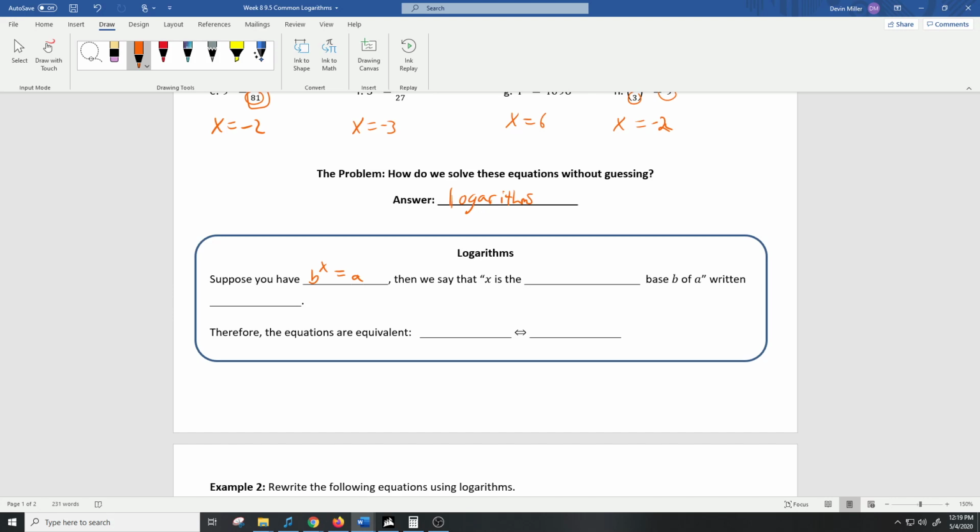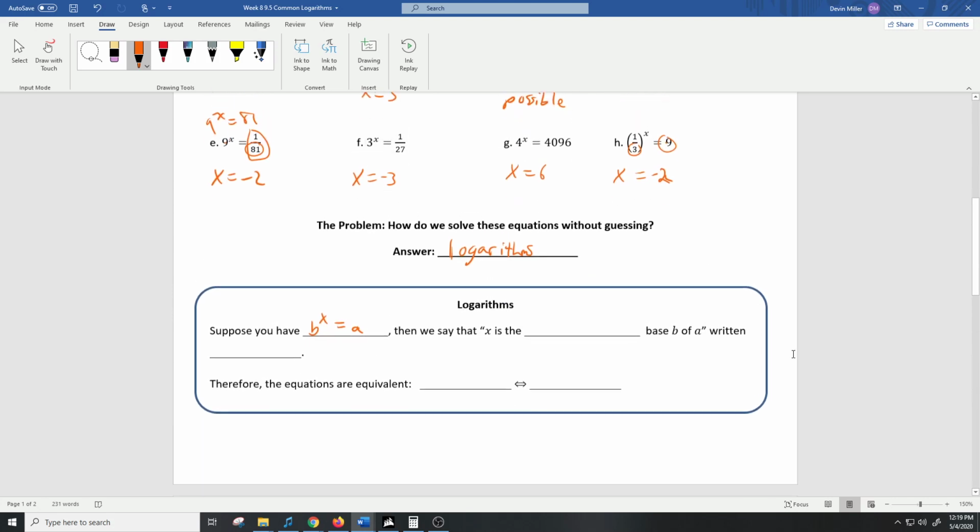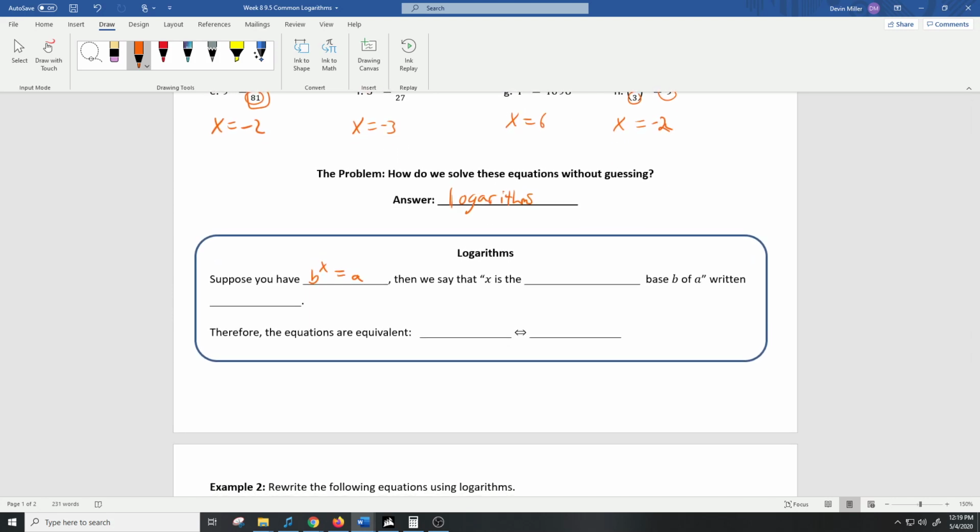Could be like 5 to the x equals 1,000, whatever it is, just like the problems we did up here. So then we say that x is the logarithm base b of a. And this is how you write it. X is a logarithm base b of a.